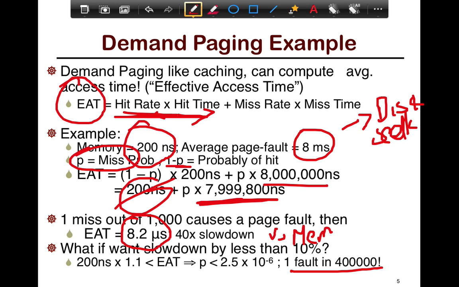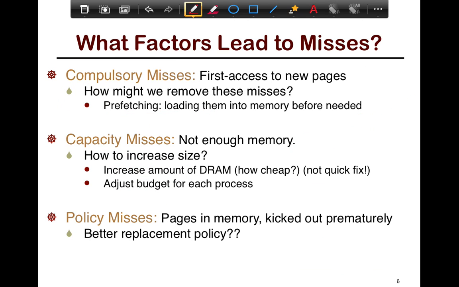But don't ever replace a page that's really important. You have to make sure that you know absolutely what's important, because if you replace an important page, the penalty is way too high, and you don't get that many chances to make corrections or get it right. Only 1 fault in 400,000 is all you can afford if you want to achieve only a 10% slowdown.